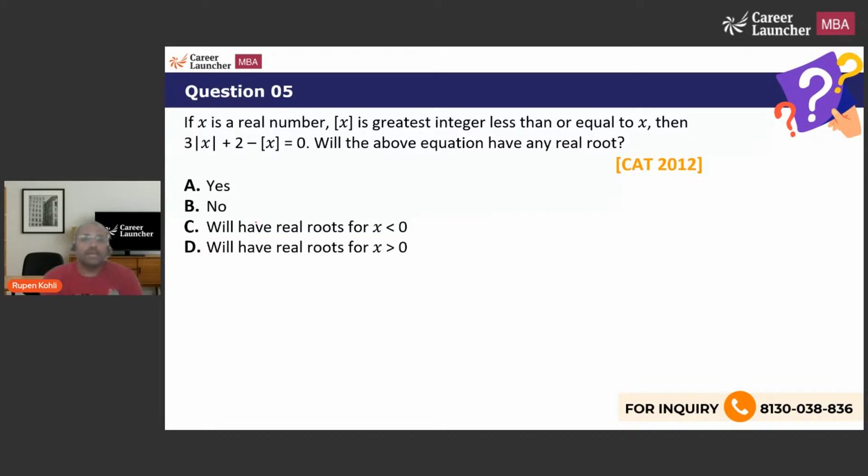Well, you can see it's an equation which involves both modulus as well as greatest integer function. Now, how do we manage that? Look at the question. See, in algebra, any question can be done from a pure algebraic point of view, which means we are just algebraically solving the equations with variables and everything.